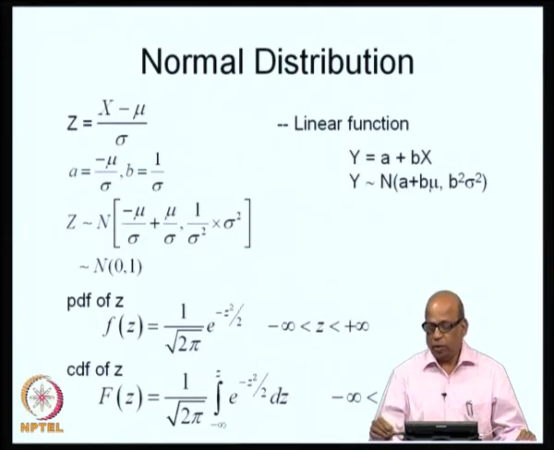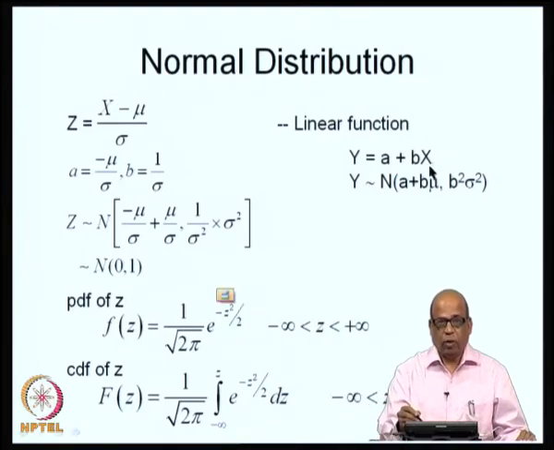So, in the last class we mentioned that if x has normal distribution, a linear function y is equal to a plus b x also has a normal distribution and its parameters are given by a plus b mu, that is y will have the mean of a plus b mu and it will have a variance of b square sigma square.